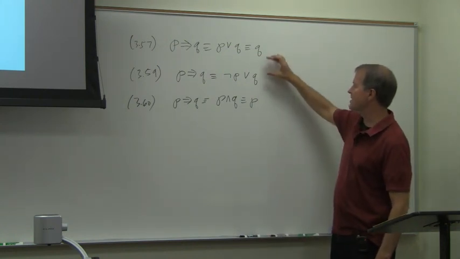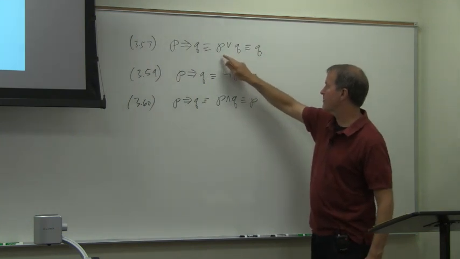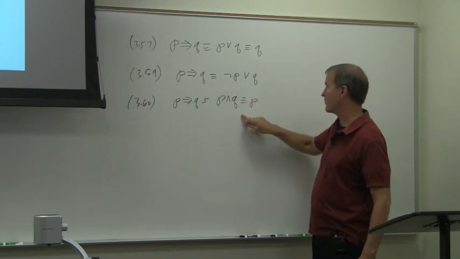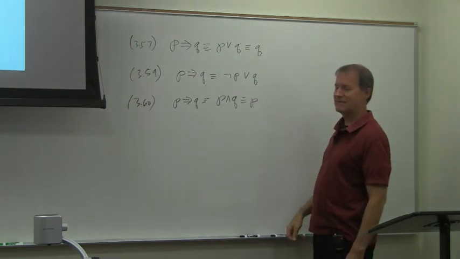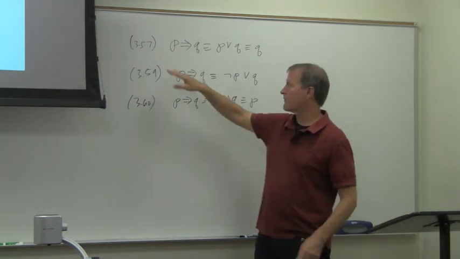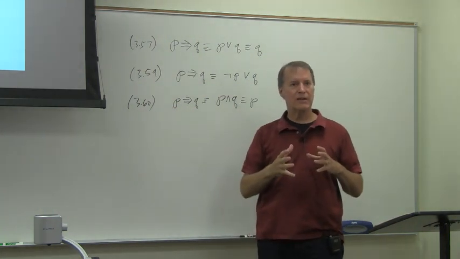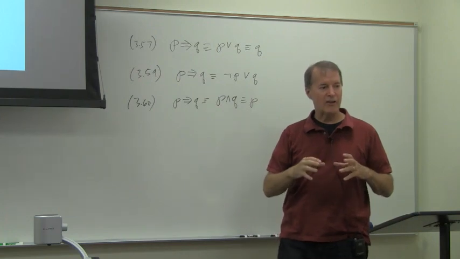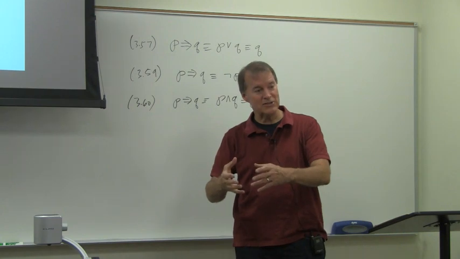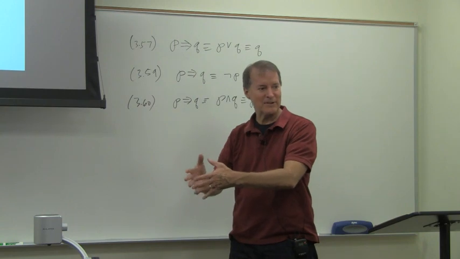Because this kind of has the same form as this, but here instead of being P or Q, it's P and Q, and instead of equivaling Q, it equivales P. So these are tools, 3.57, 3.59, 3.60, whereby if you need to prove something with implies, and you want to get it back to some previous ones that you already know about with conjunction or disjunction, you can use any one of these three to get it back, and then use that heuristic of manipulating the other one.